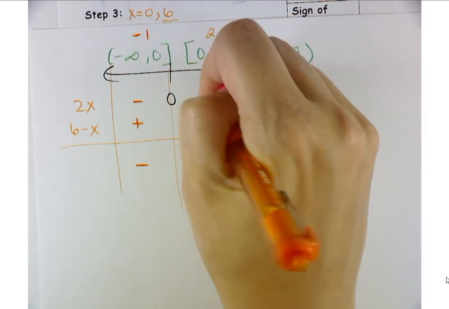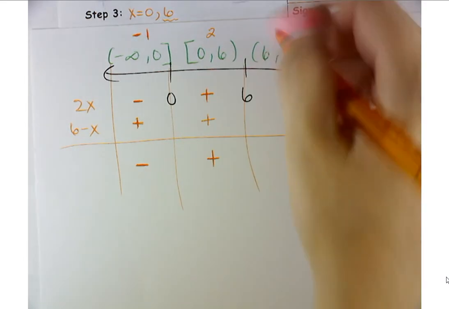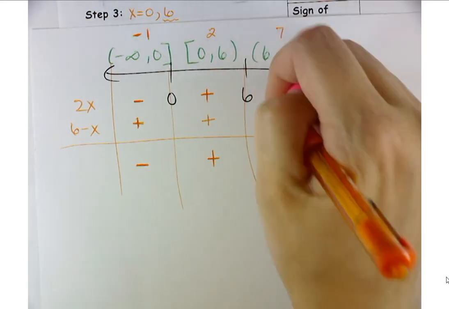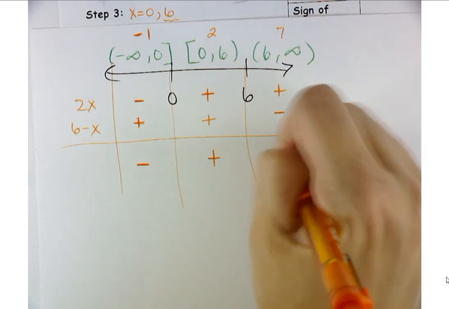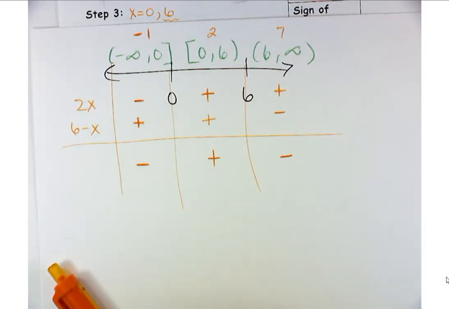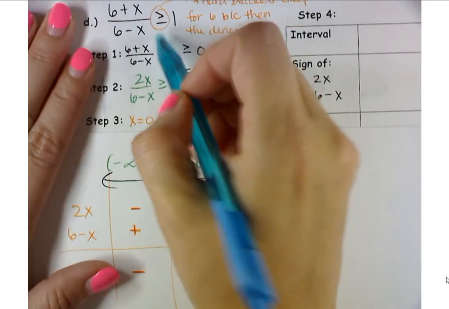So this would be positive, this would be positive, that would be a positive. This one, I'll plug in 7. So I would get a positive and then a negative, which would be a negative. And then do I want a positive or a negative for this one? A positive.